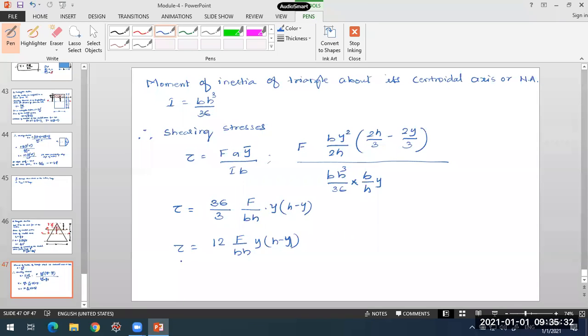Further, what I can do is take this b into h and express it in terms of average shear stress. The area of the triangle will be half base into height.